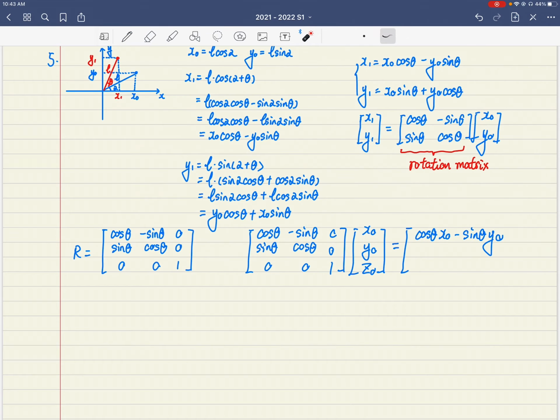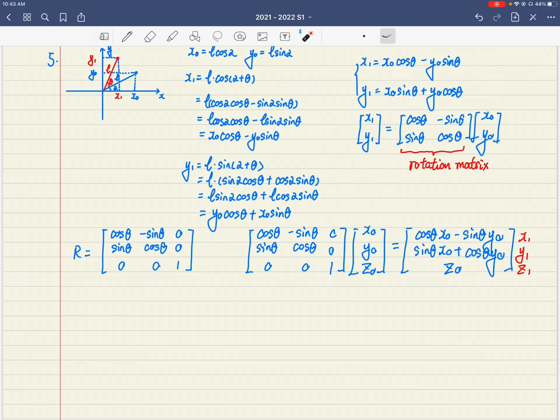The second part is sine theta x naught plus cosine theta y naught. Then this times this is just z naught. You can see this is your new x1, this is your new y1, this is your new z1. z1 is equal to z naught.